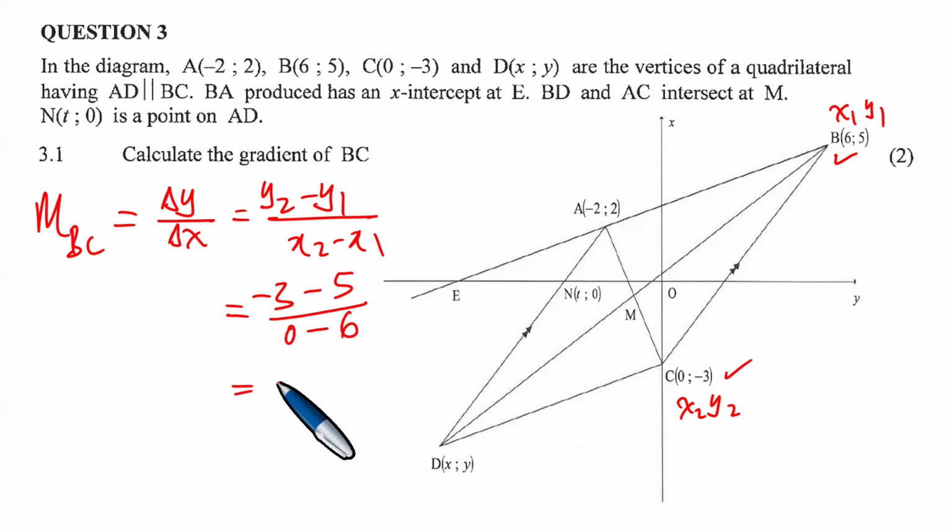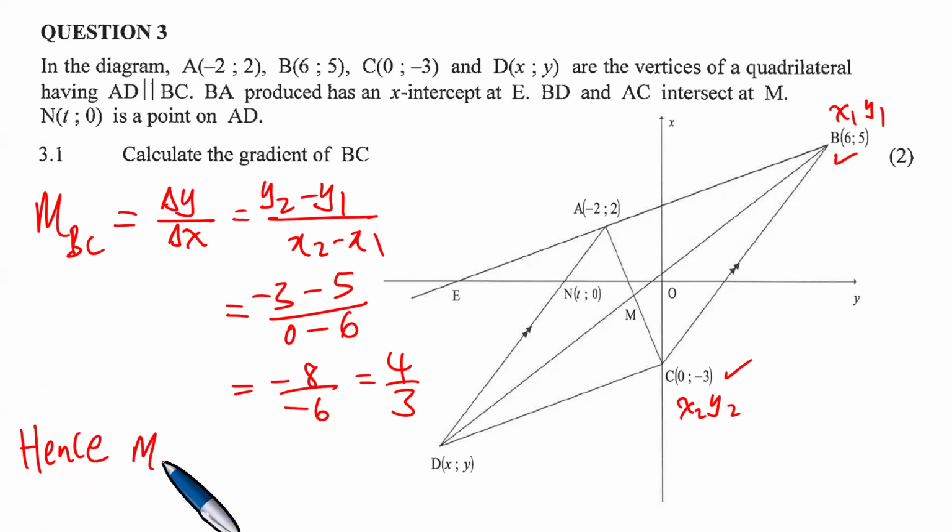What is -3 minus 5? -8 over -6. What is -8 over -6? 4/3. Hence, the gradient of BC is equal to 4/3.